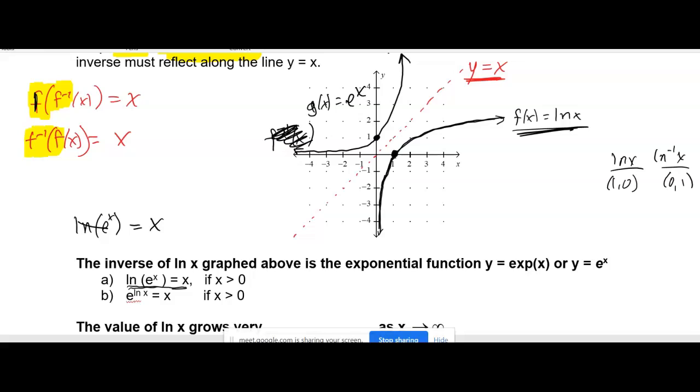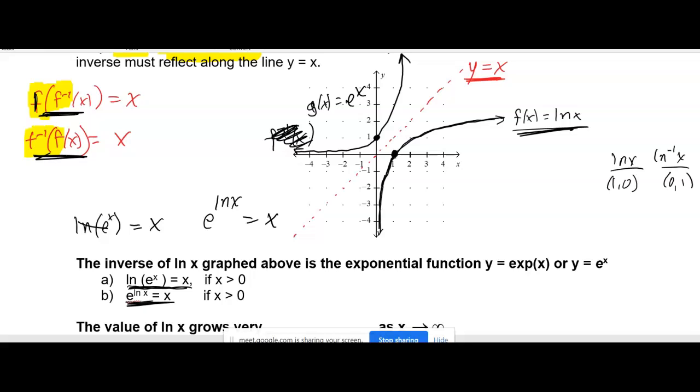So that's where this comes from. Same with the e to the x. Notice how the x is the exponent, so its composite is the exponent. If I get rid of the exponent and replace it with its inverse, which is the natural log of x, I'm creating these guys up here. The only option for me to come up with here is an x. That's what this one is saying.